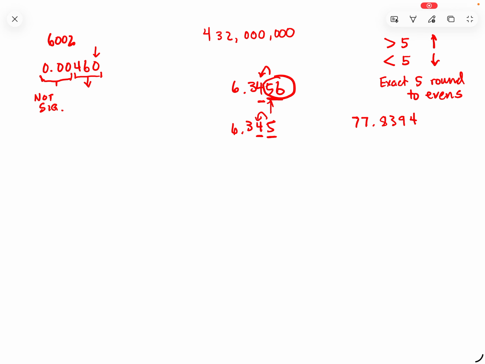So if I gave you 23.6 milliliters and you're doing conversions to liters, you still have 3 significant figures in that 23.6 milliliters. You have to keep those 3 significant figures. That's your measured quantity. The conversion factor is a standard.